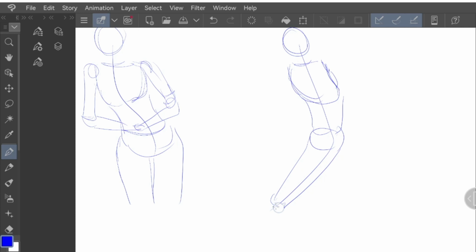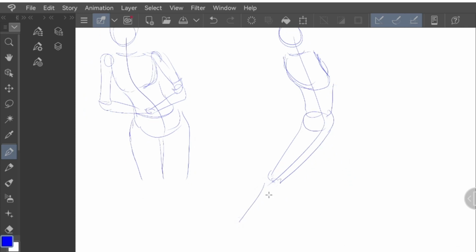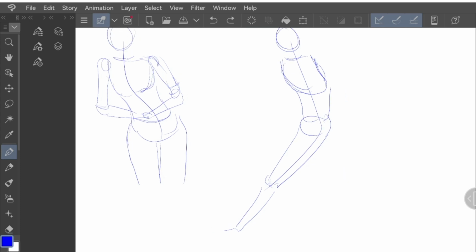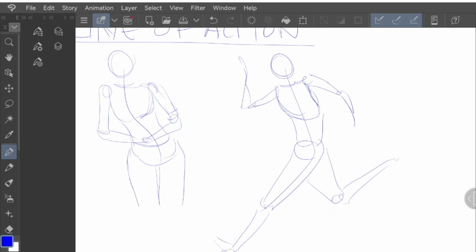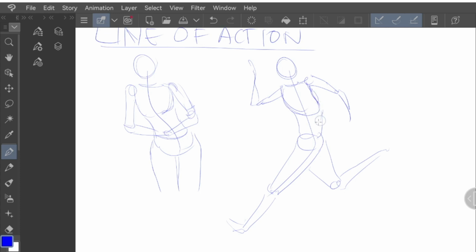And here you go. Now this is much more dynamic than the first picture that I just made.